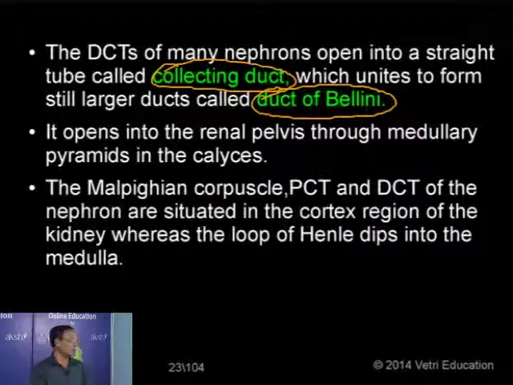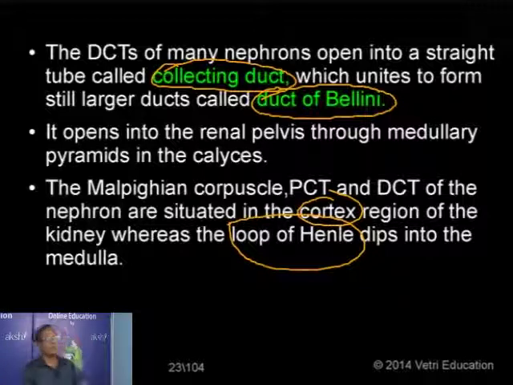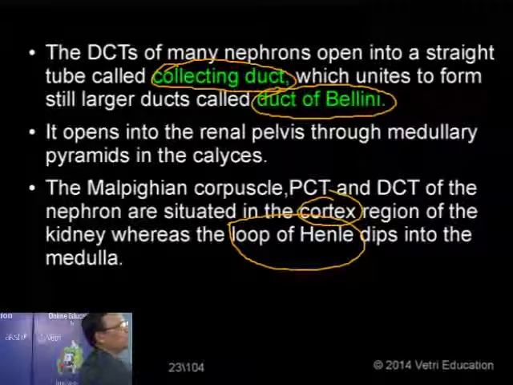So the Malpighian corpuscle, PCT and DCT of the nephron are situated in the cortex region of the kidney, whereas the loop of Henle mostly dips into the medullary region. That's about the location of the different parts of the nephron.